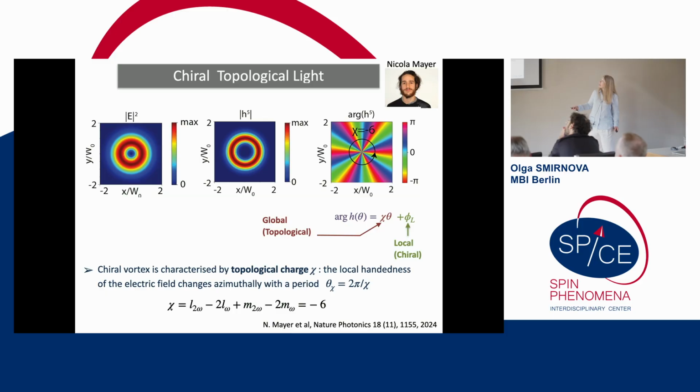So this is how this particular light would look if you look at it. This is the intensity, this is in the polarization plane. This is the correlation function that I have introduced before, and if it's strong, you see red, if it's 0, you see blue, and where it is strong, it means that the light is locally chiral all over these places.